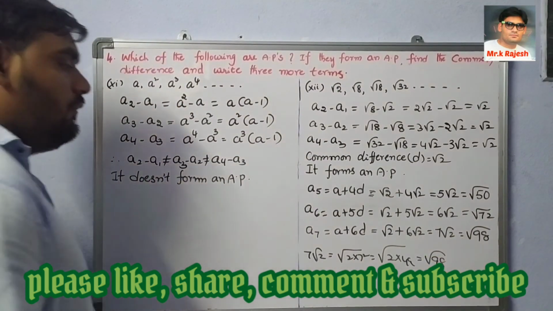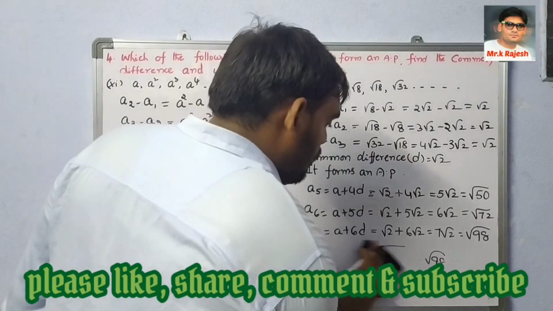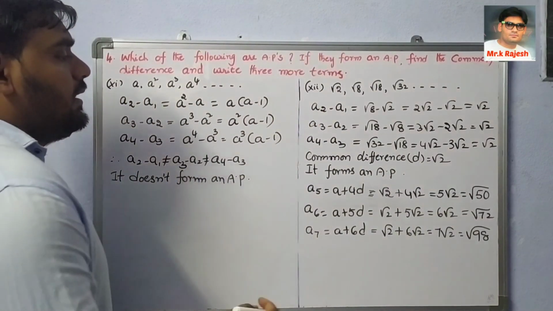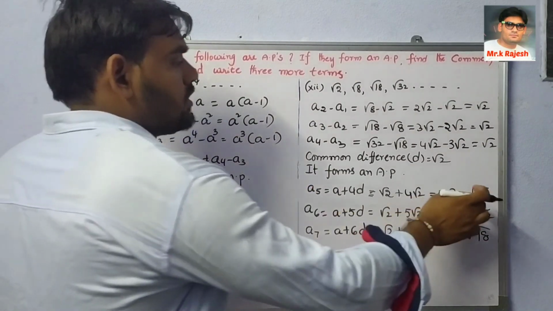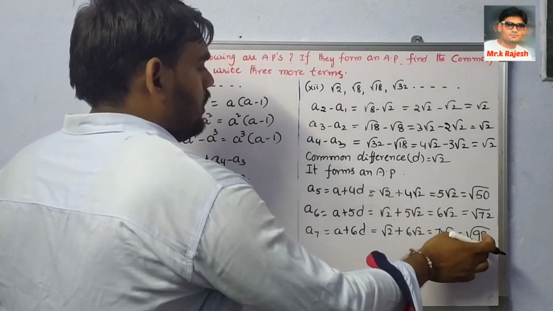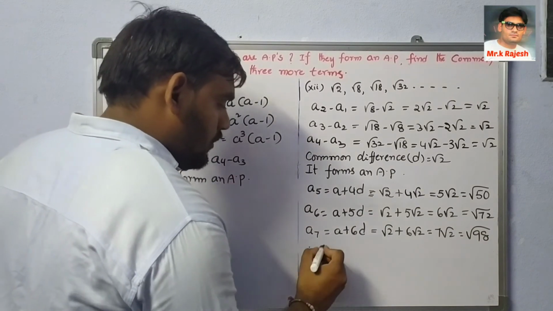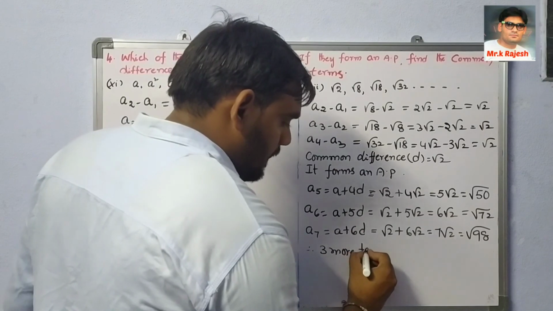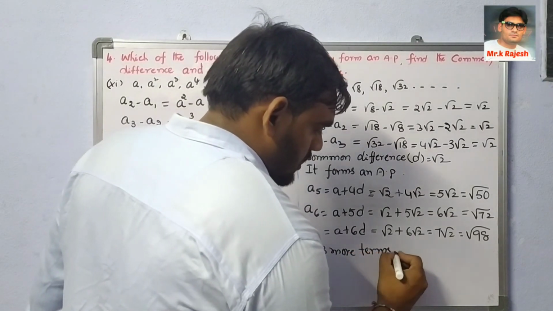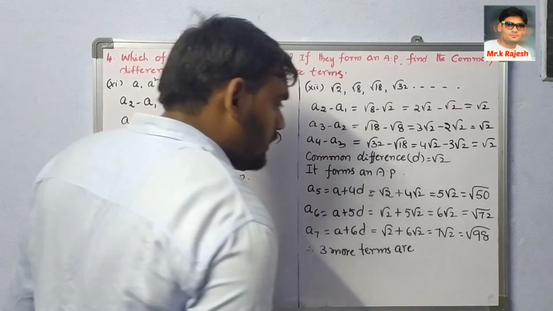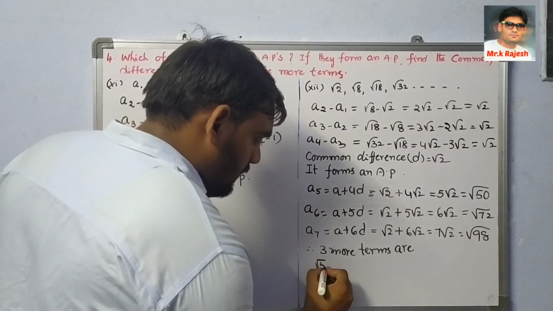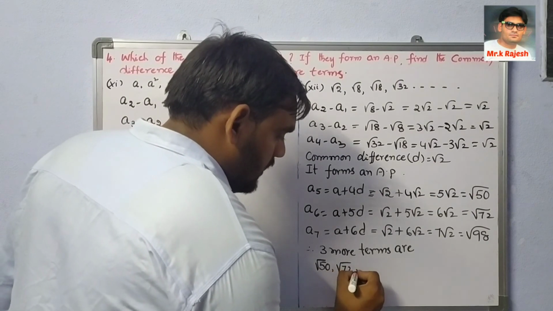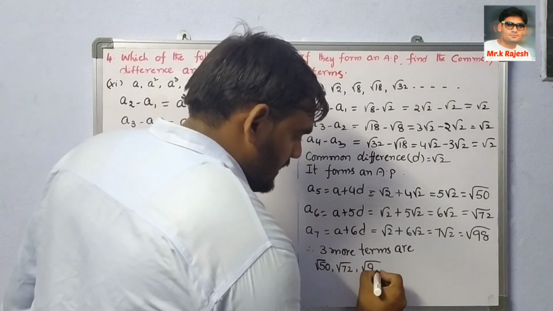So therefore we can write 7 root 2 as root 98. See here, 3 terms are root 50, root 72, root 98. Therefore, three more terms are root 50, root 72, root 98.